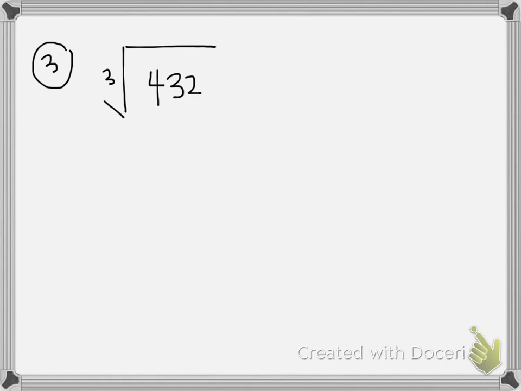So 432 divided by 8. So 432 is 8 times 54.